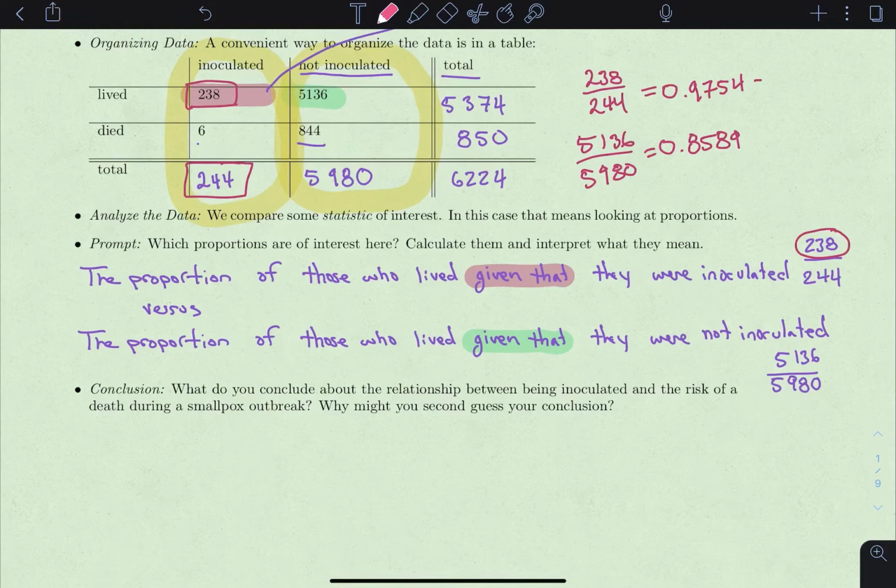And we've been writing these as percents, so it's fine if you'd like to do that.